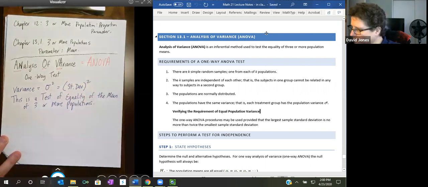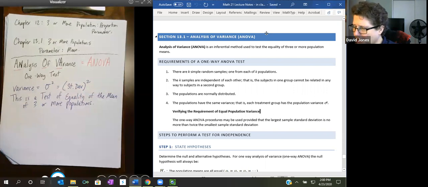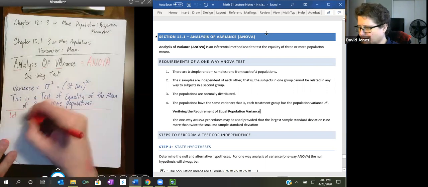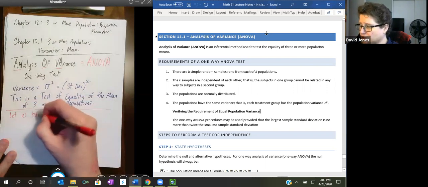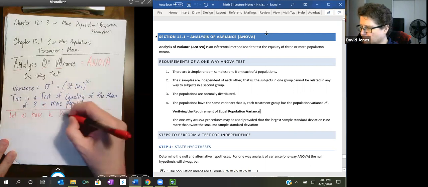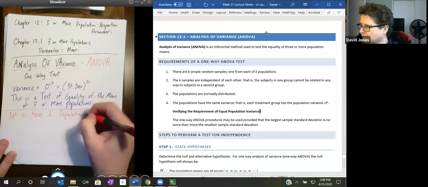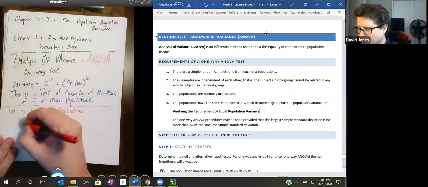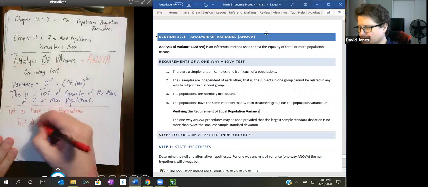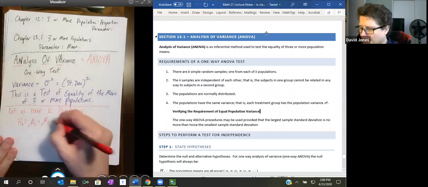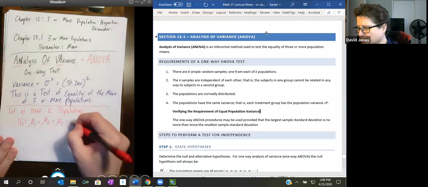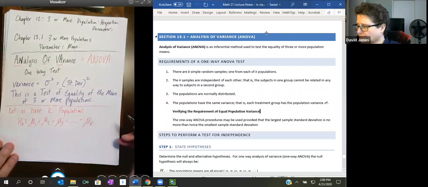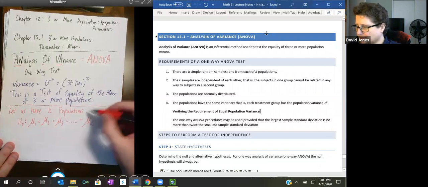Okay. So we're going to say we have K populations. Let us have K populations. What that gives us is H naught is this. Mu1 equals mu2 equals mu3 equals ... up to mu K for K different populations.